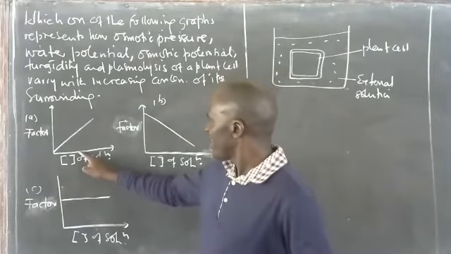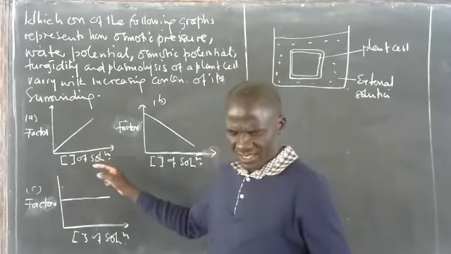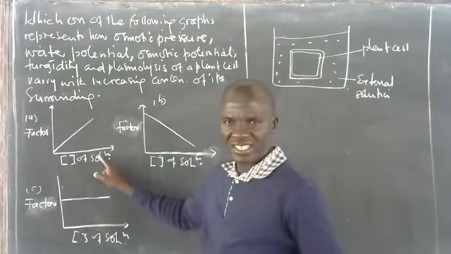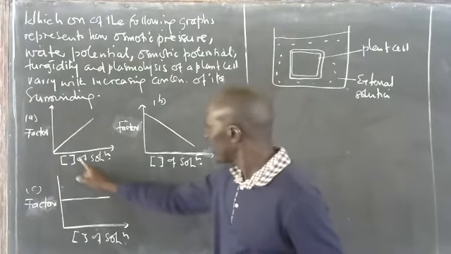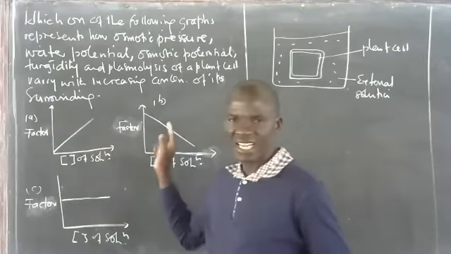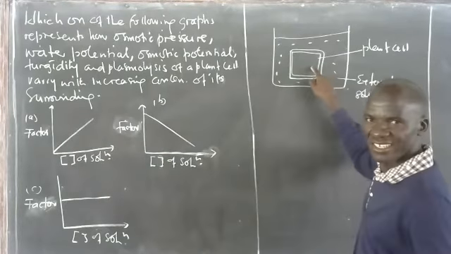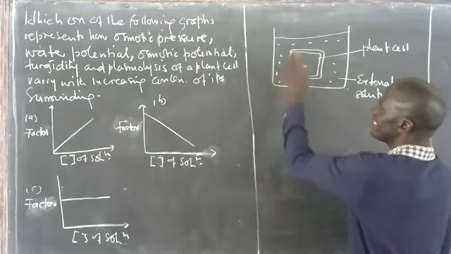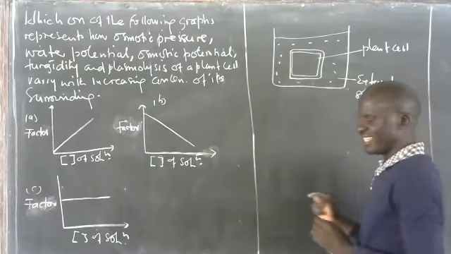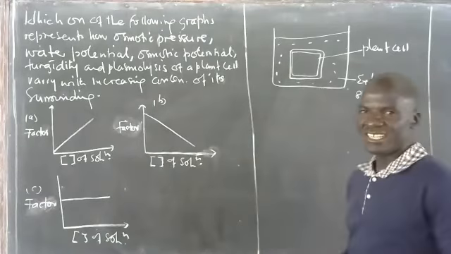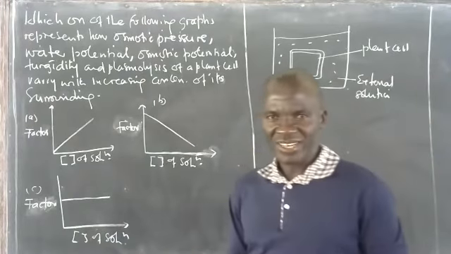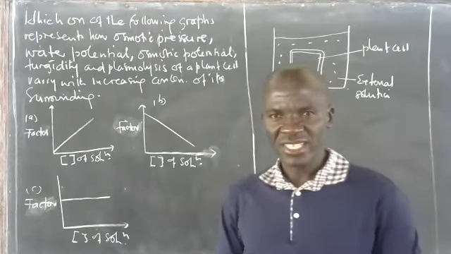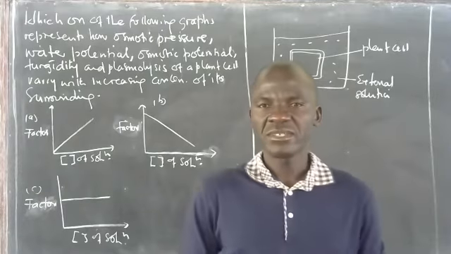So here I keep on dissolving the solute to increase the concentration. Then I monitor the cell. If I keep adding salt here, sodium chloride, then I check the nature of the cell. What has happened to water potential? What has happened to solute potential? What has happened to osmotic pressure?